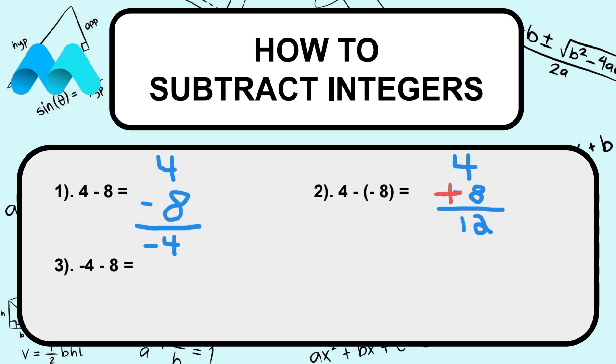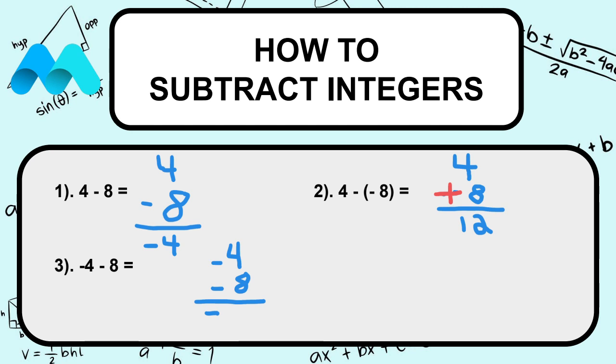Okay, last one here, last example. -4 minus 8. So I'm going to rewrite them vertically. I'm going to write it over here since I wrote that first equation a little bigger. -4 minus 8. All right, my second step, right? Look at the signs. The signs are the same. So I'm going to bring down that negative sign. And now, if the signs are the same, remember we find the sum, so we add.